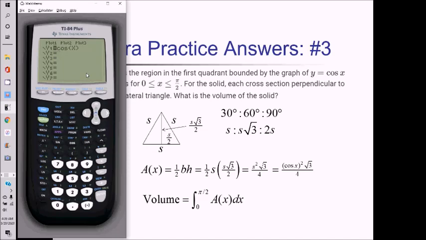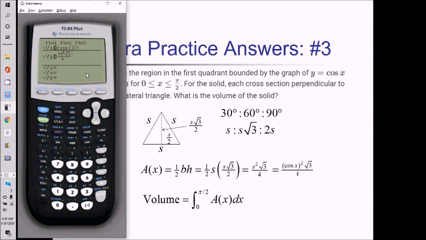Let me do alpha y equals to get my fancy fraction mode. And upstairs we're going to have cosine squared, which I can do with alpha trace y1 squared, because that was my y1 function. I'm multiplying that by radical 3 and dividing all that by 4.